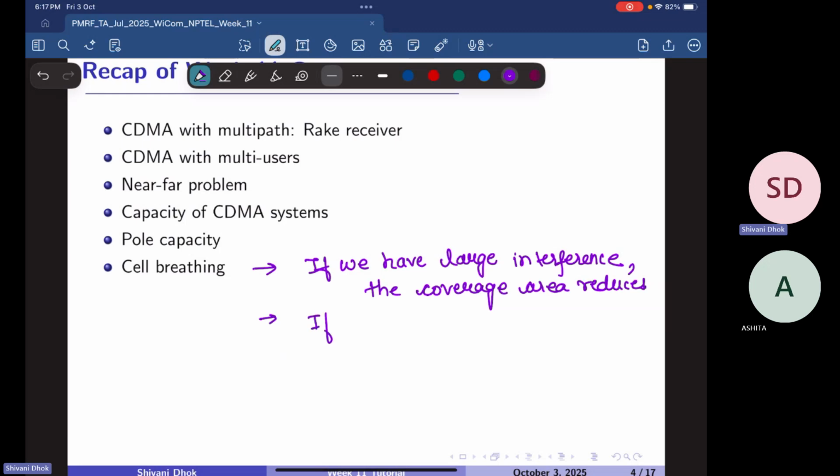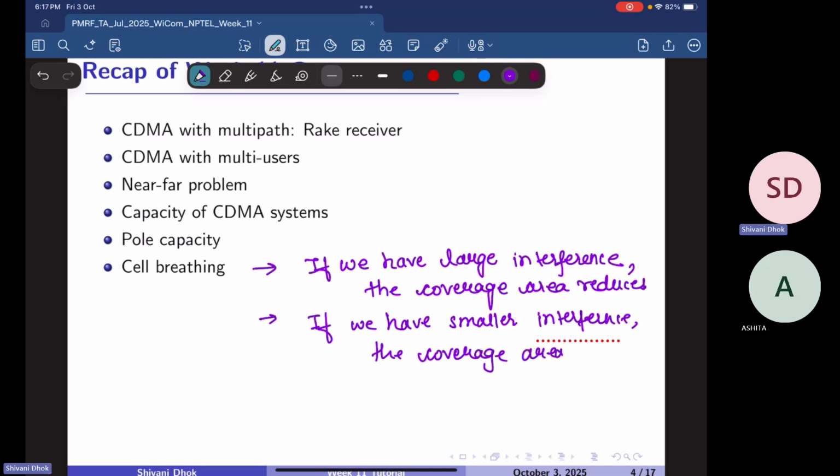Similarly, if we have smaller interference, the coverage area increases.